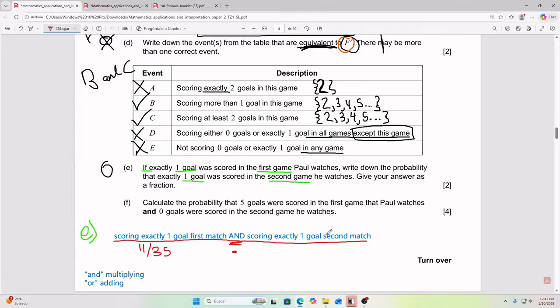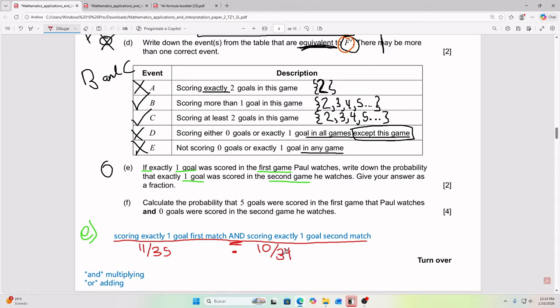And this part is interesting because if 1 match already happened and now we're talking about the second match, well, I can't put 11 again because I already just saw 1 of those cases. And so because you already saw 1 of those cases, you actually express 10. And because you're looking at the second match, your total is not 35 anymore, it's one match less, it's going to be 34.